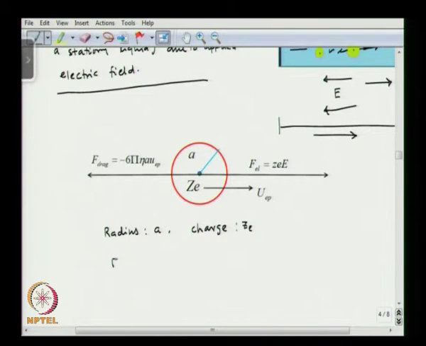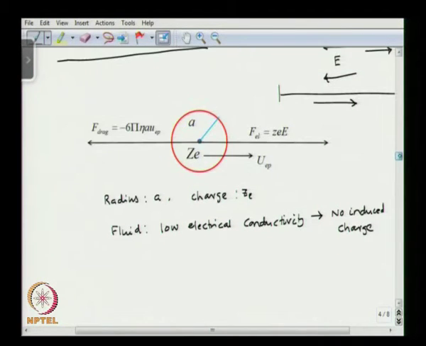So the fluid has low electrical conductivity, so no induced charge. Okay. So in that case we can write down different forces.